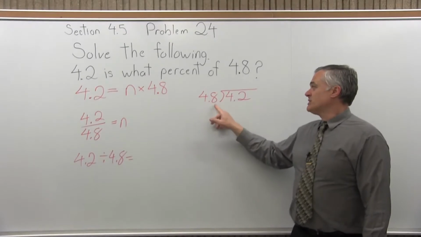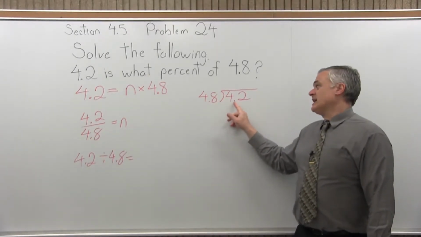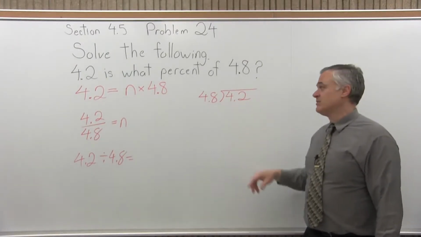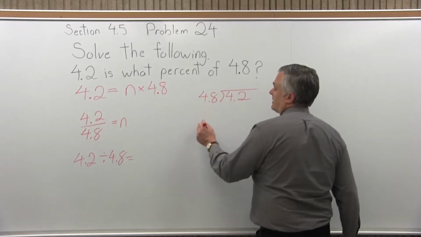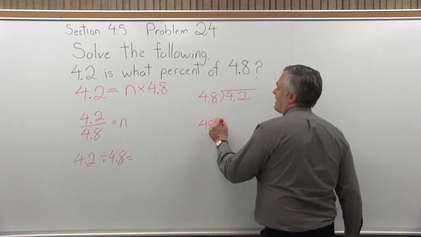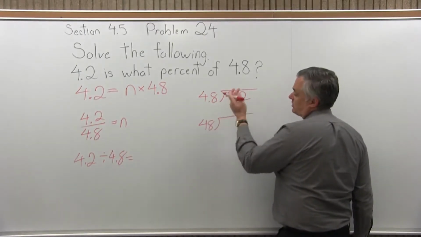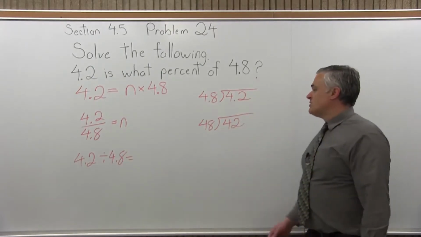So I just simply move it as far as I have to until it goes to the end of the number. But in order to do that, I have to move it the same number of positions for the number under the division symbol. So in this case, I just move it over one spot, and the 4.8 becomes a 48. And if I move it one spot for the number outside, the number underneath also goes one spot, and it becomes a 42. So now I'll just do that division.